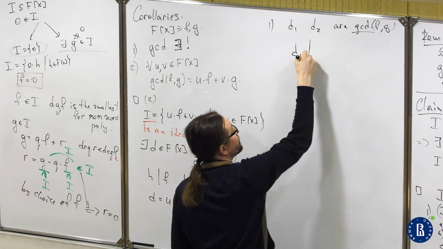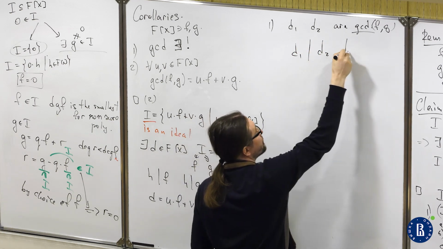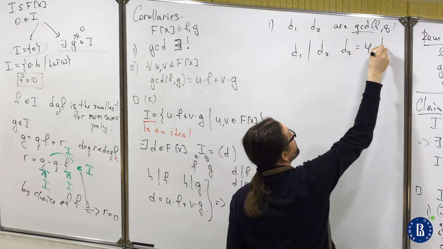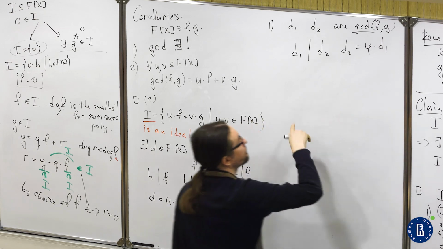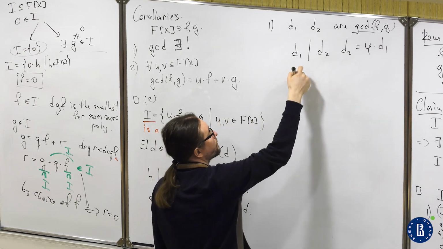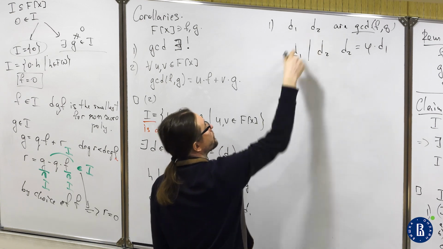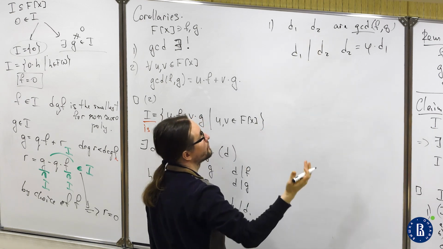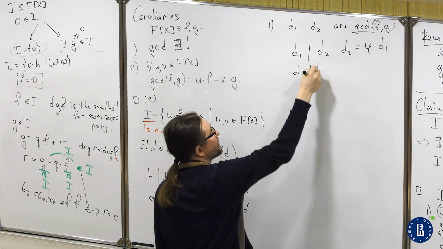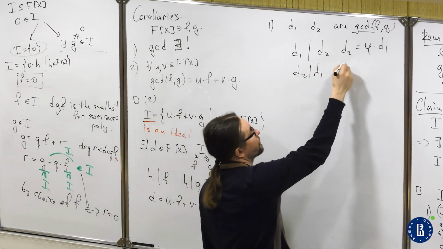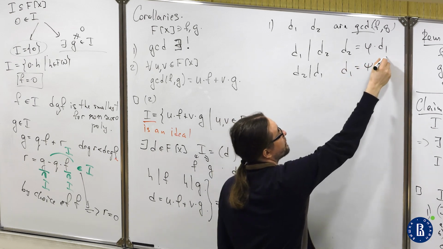So d2 can be presented as, let's say, phi times d1. On the other hand, since d1 is the greatest common divisor and d2 may be considered as just a divisor, then d2 must divide d1.